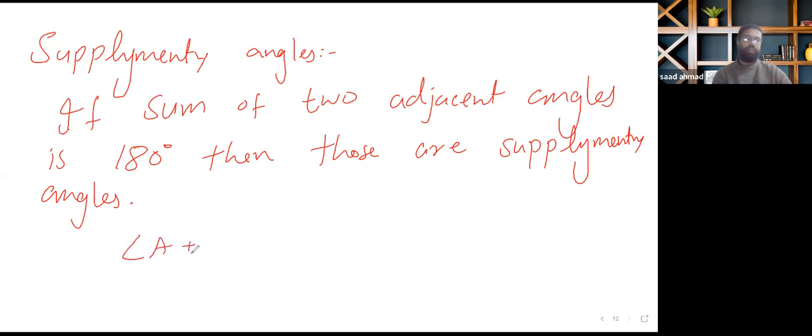Let's say angle A plus angle B equals 180 degrees. If the sum is 180 degrees, then they are supplementary angles.